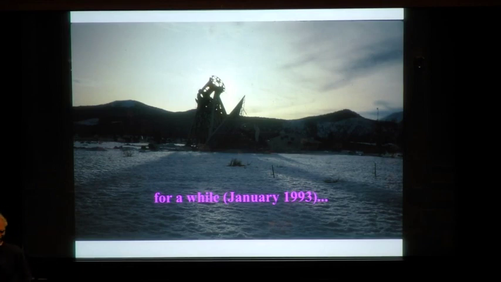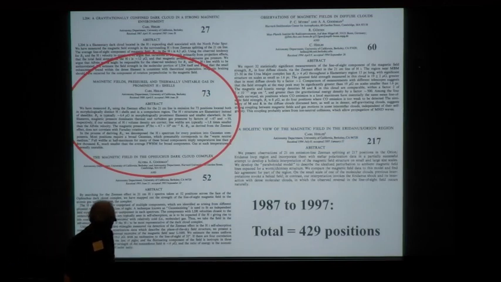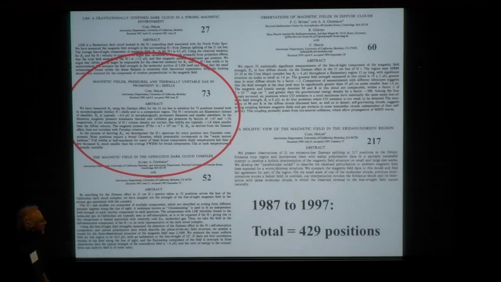Got as much out of it as I possibly could. During that time, we looked at 429 positions, spread over 5 papers. I want to concentrate on this paper, which really talks about the magnetic field strength in swept up shells.